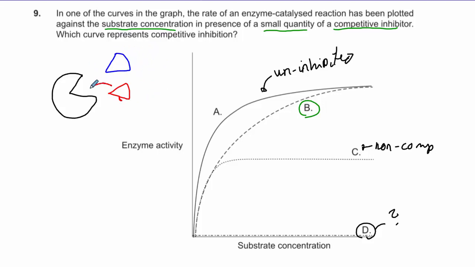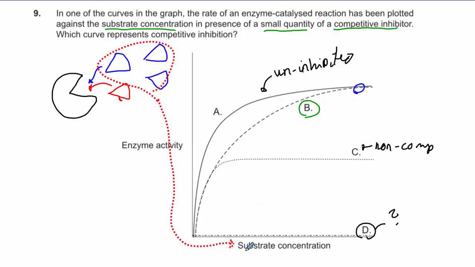So since these two are competing for the same space, if there are many more blue ones, they will kind of outcompete the few red ones, okay? So we see that with very high substrate concentration, these blue ones in my analogy, the red ones are so far in between that they can't actually have a meaningful impact on the enzyme activity.